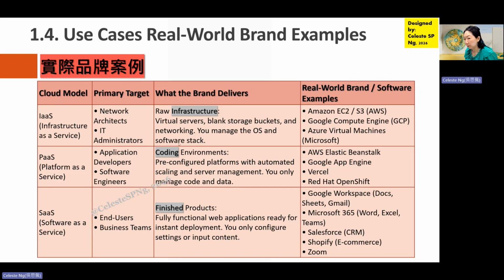And then for PaaS offered by AWS, it will be Beanstalk. For the PaaS service offered by Google, it will be App Engine, and also other brands that offer similar PaaS services, besides the one we see from Bluehost: Vercel and Red Hat OpenShift.